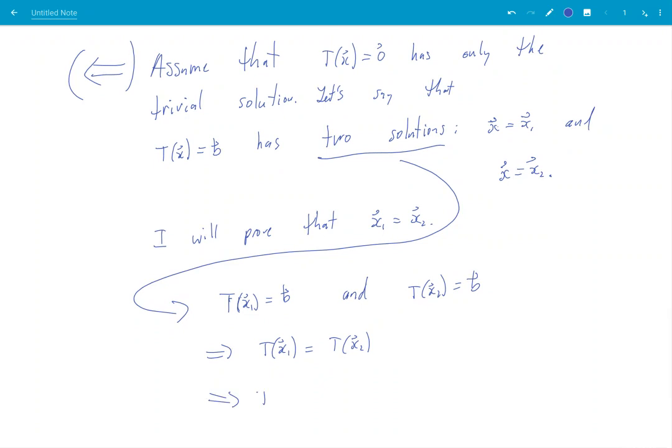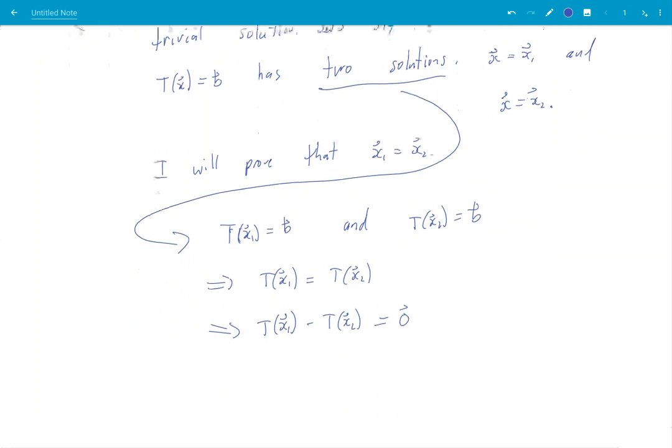And then my fancy trick is to bring everything over. So I'm bringing this T of x2 over to the left-hand side. Then I use the linearity of T to do that.